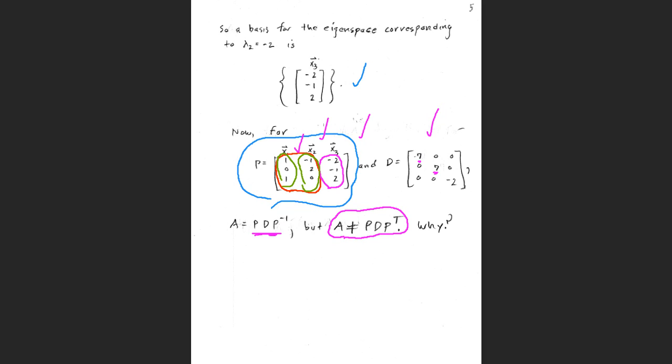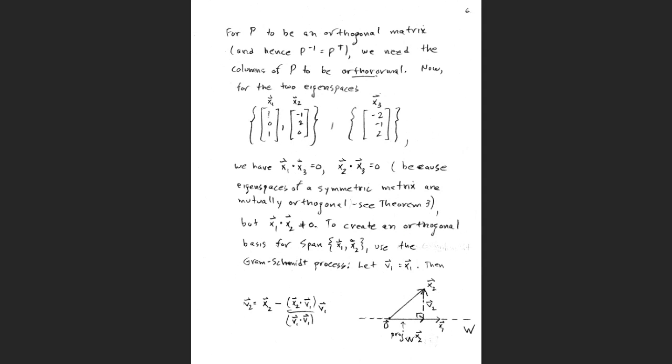So let's continue here. I'm really trying to spell things out for you very clearly. We need the columns of the matrix P to be orthonormal for the matrix P to be an orthogonal matrix.